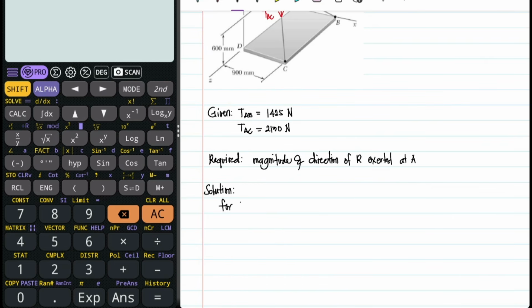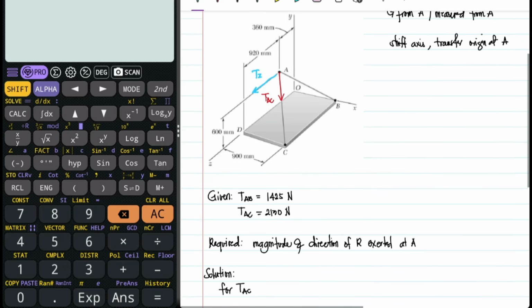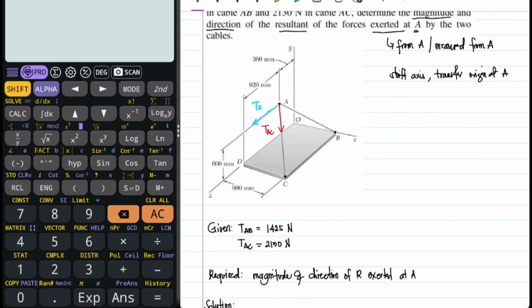But nevertheless, what is important is that when we assign our unit vectors, we always associate I with X, J with Y, and K with our Z axis. So I put it in blue, and I rewrite the axis so that it will be much clearer.